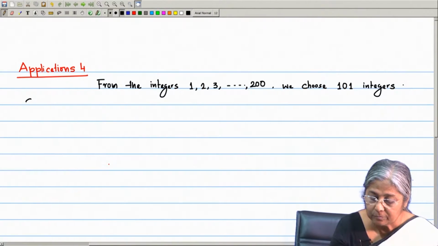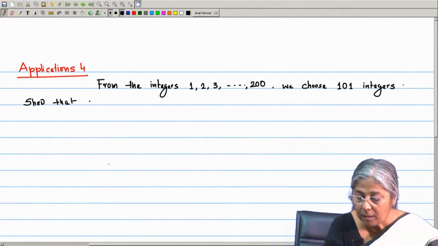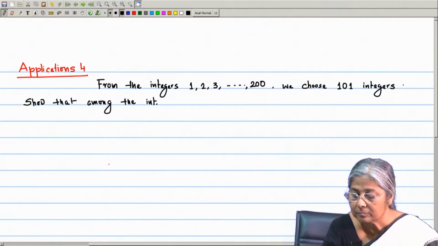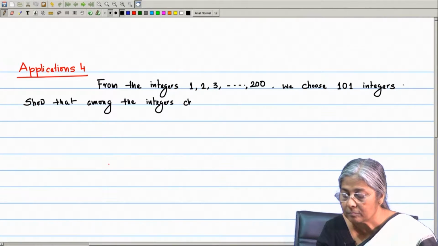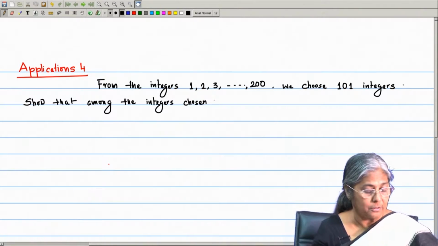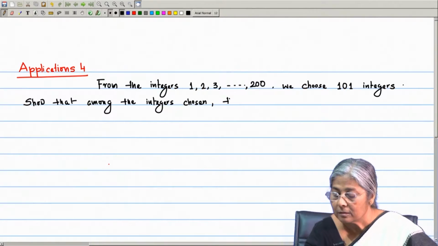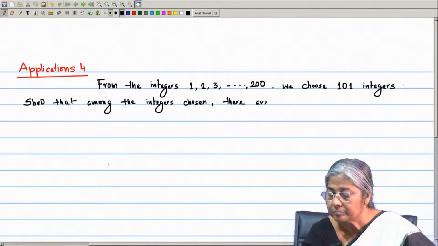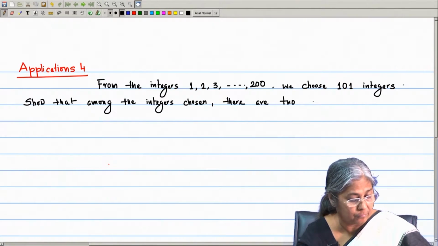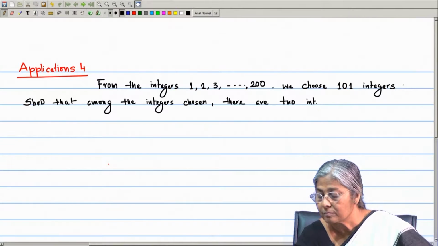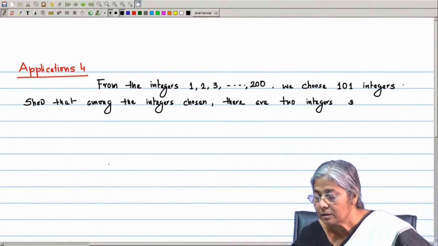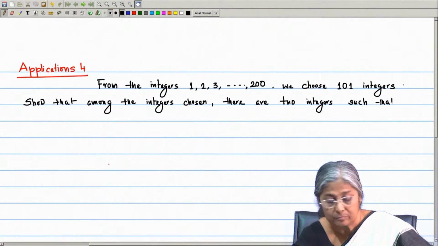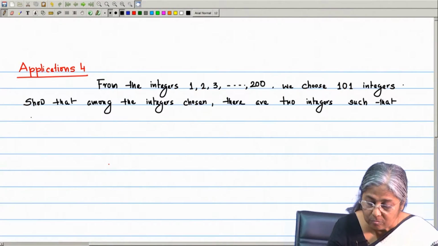Now, we have to show that among these 101 integers that we have chosen, there are 2 integers such that one of them is divisible by the other.